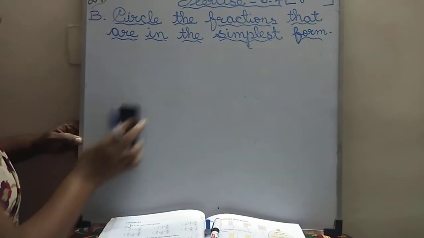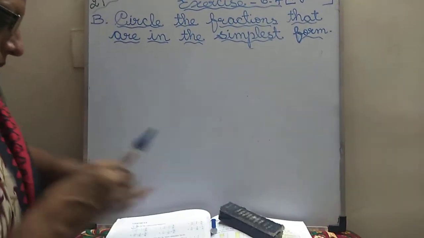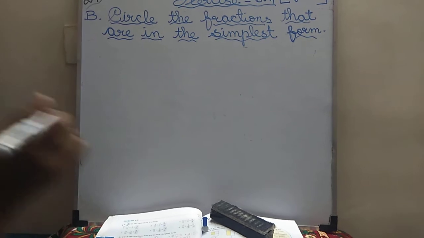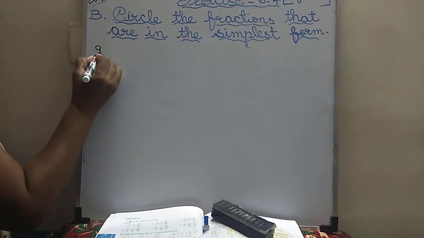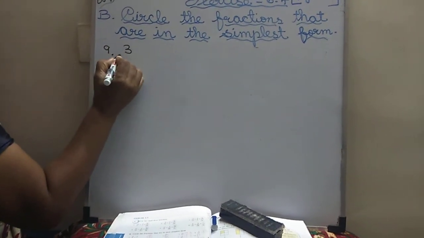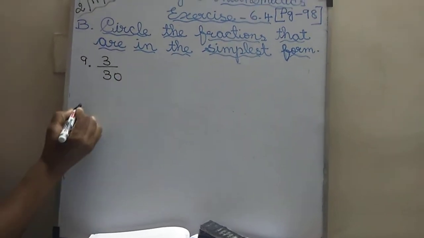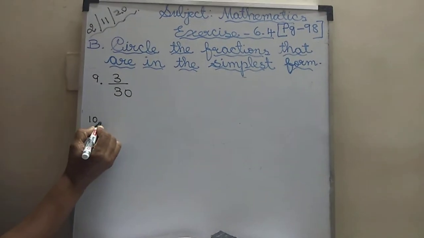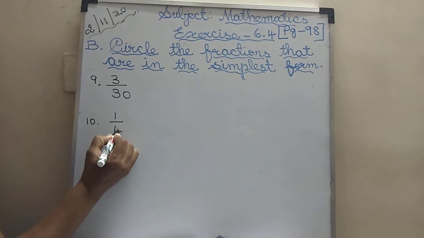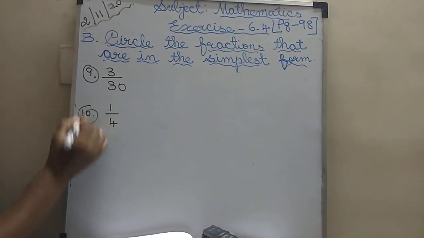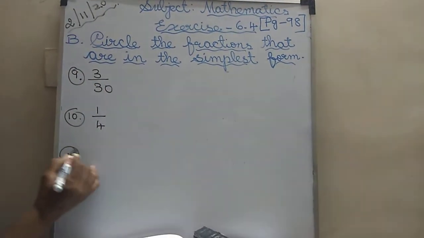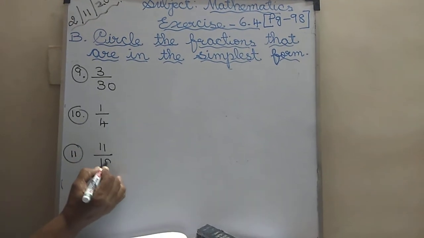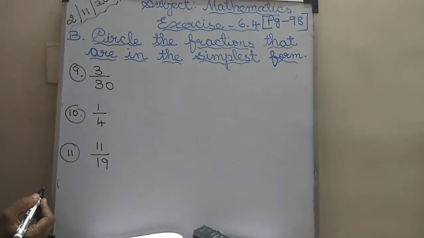And we'll see the 9th sum, 3 by 30, and the 10th sum, 1 by 4, and the 11th sum, 11 by 19. While doing it in the book, you have to do it neatly.